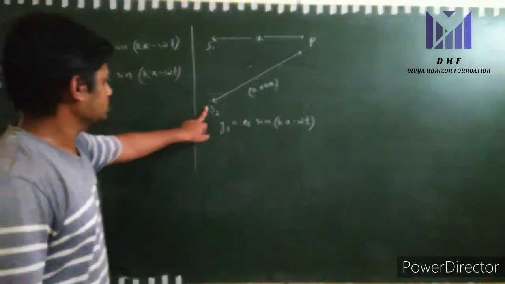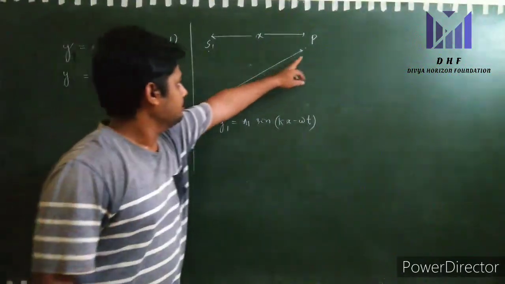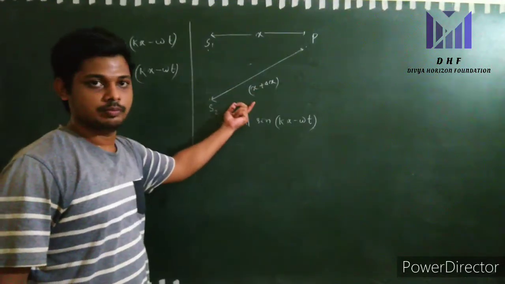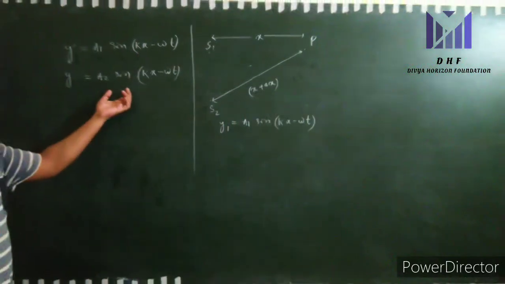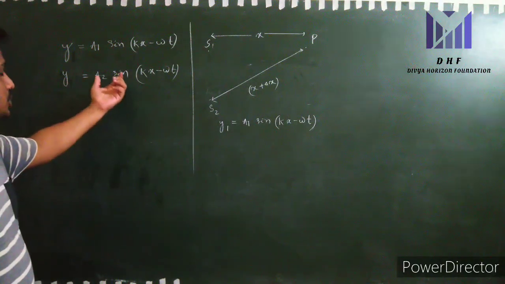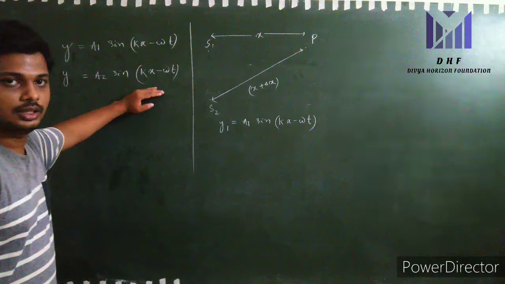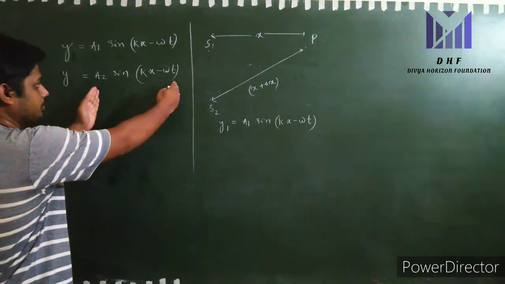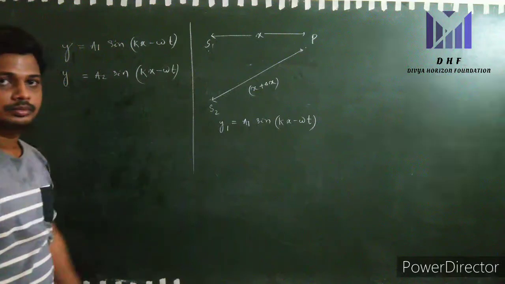Coming to the second source, the point P is situated at a distance x plus del x from the second source, and the condition of the second source says that whenever a particle is situated at a distance x, then it will be disturbed through this much at time t.